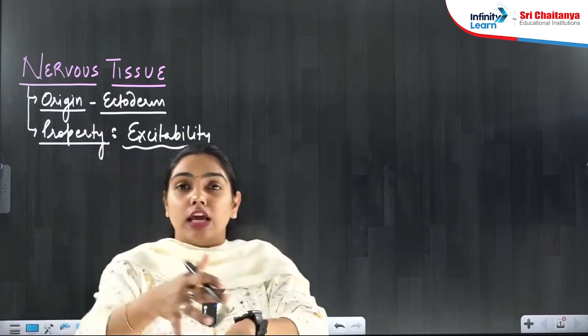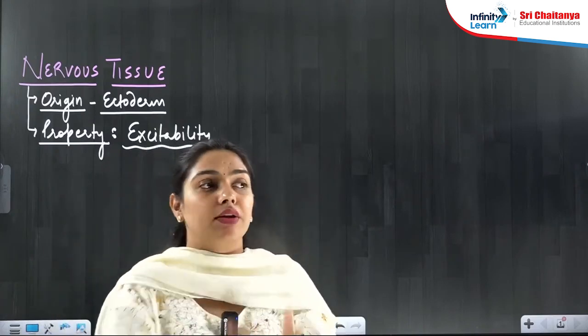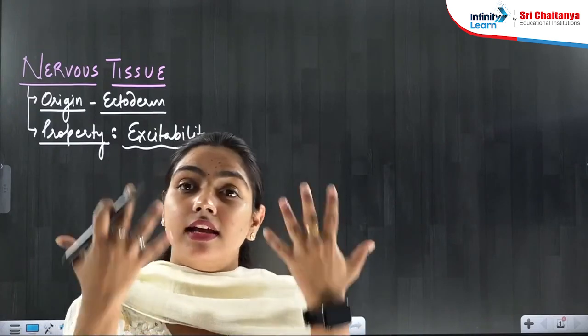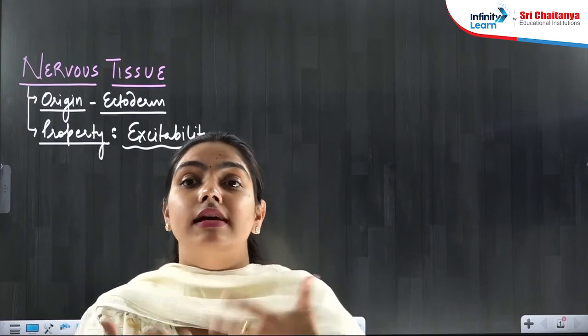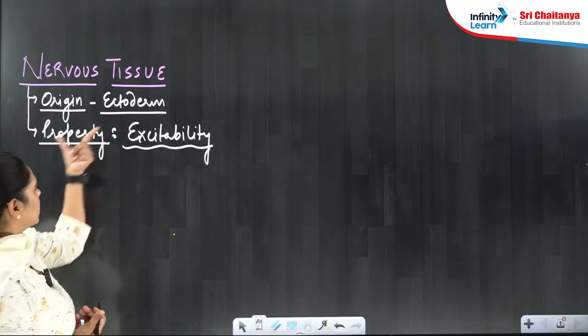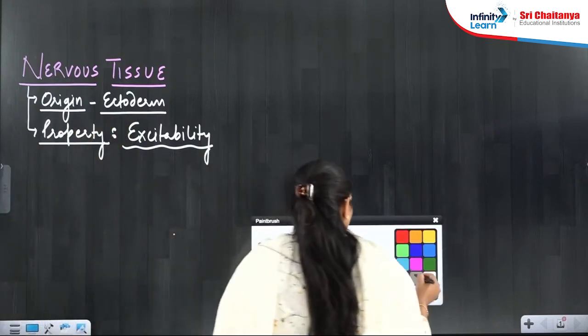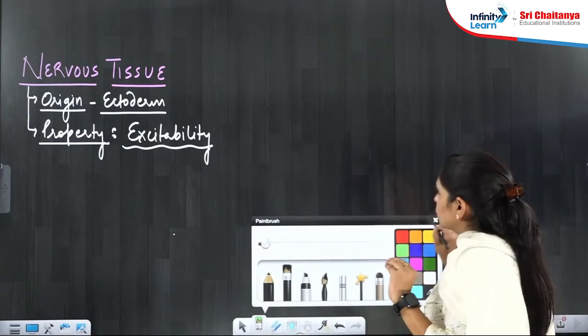Your muscles can also receive the stimulus and generate the impulse, just like your neurons. Your neurons are also excitable cells. Okay, so origin is ectoderm, property is excitability. Now I will tell you what are the cells of the nervous tissue.